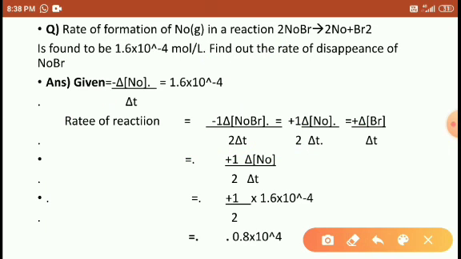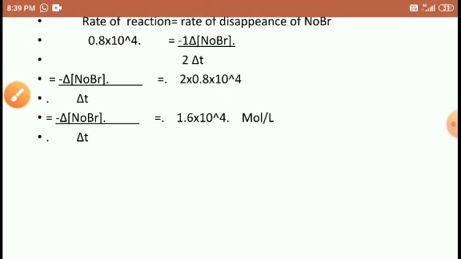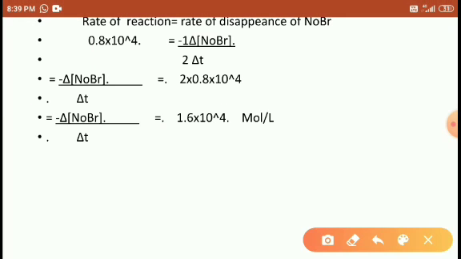Next, the increase in concentration with 1 by 2, the stoichiometry value; the NO value 1.6 is already given here. In place of this value we write the NO value and divide by this value, and we get 0.8. So this is the rate of reaction.